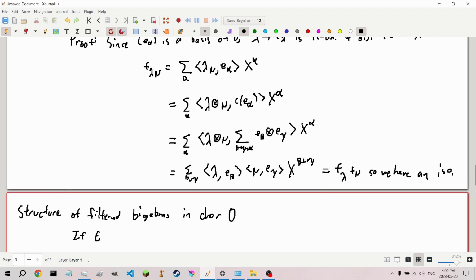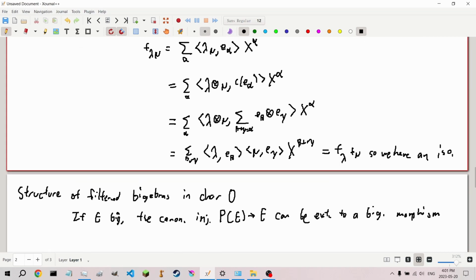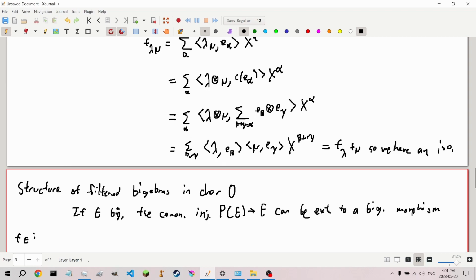You see, first off, if E is a bigebra, the canonical injection of the primitives of E into E can be extended to a bigebra morphism Fe, which is a map from the universal algebra of the primitives of E into E.